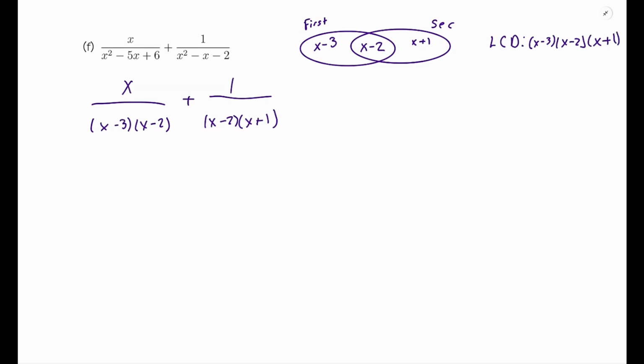Then the Venn diagram also tells you what you have to multiply each fraction by. So this represents the first fraction. So any value that's outside of the highlighted regions needs to be multiplied by the first fraction. So since x plus 1 is outside of the highlighted region, I need to multiply the first fraction by x plus 1.